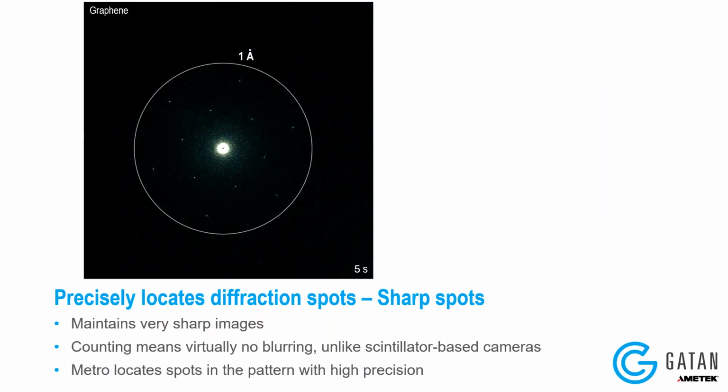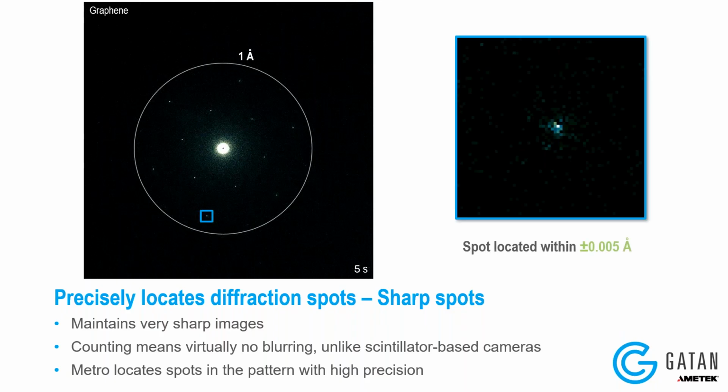We have almost no blurring, unlike scintillator-based cameras, like the OneView or even our latest ClearView camera that have unavoidable blurring from the scintillator, fiber optics, etc. Counting means we have virtually no blurring. And so we can locate spots in the pattern with very high precision.